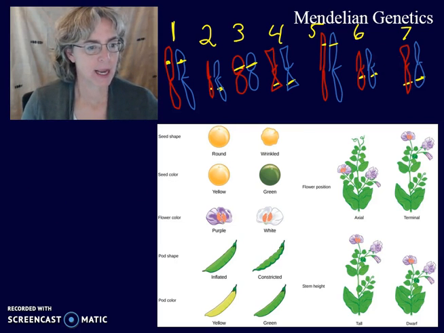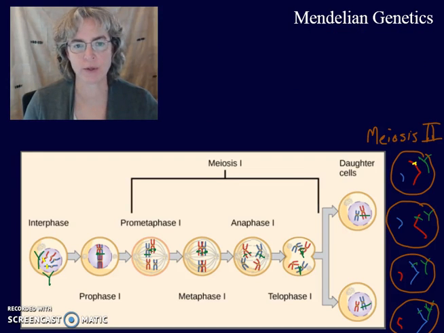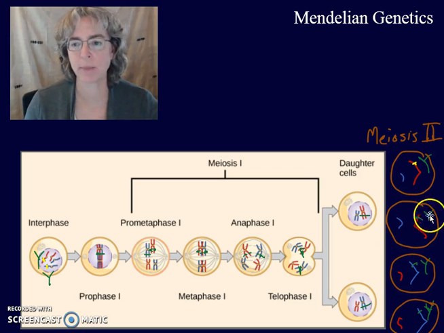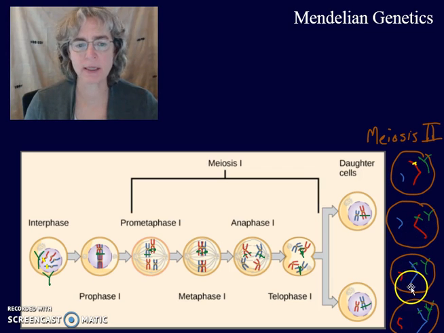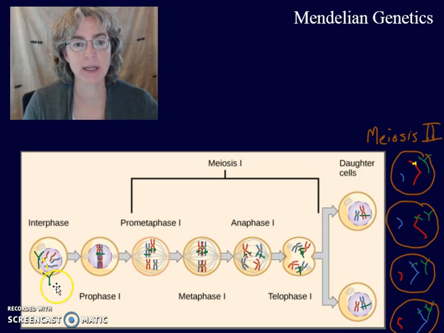So we've been looking at just one characteristic through meiosis and how to get the alleles separated into the separate gametes. So if we have a true breeding plant that has yellow seeds, it has 2 dominant alleles.